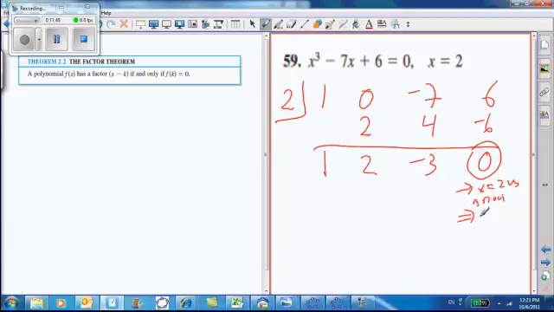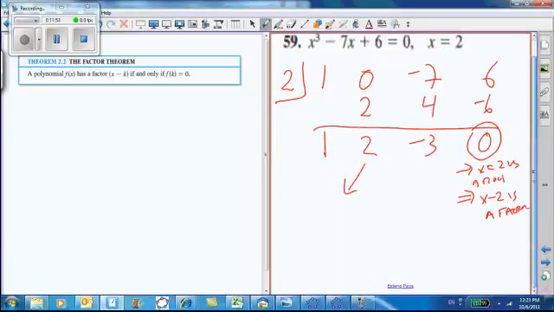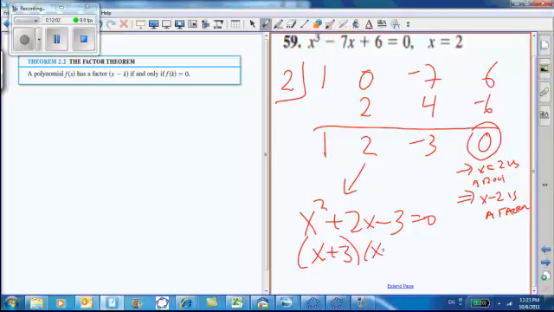Further, it means that x minus 2 is a factor. And we can continue factoring this by looking at the depressed equation. This is x squared plus 2x minus 3 equals 0, which factors into x plus 3 times x minus 1. So we get x equals negative 3 and x equals 1.